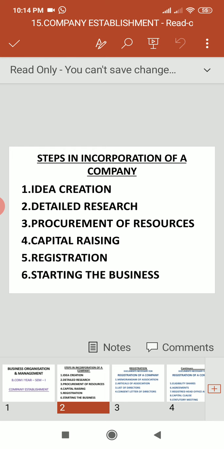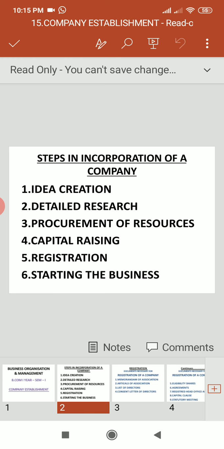The formation of an idea is the first and foremost step in the incorporation of a company. Before going for the idea, he thinks about the various problems he is going to face by establishing this type of business.